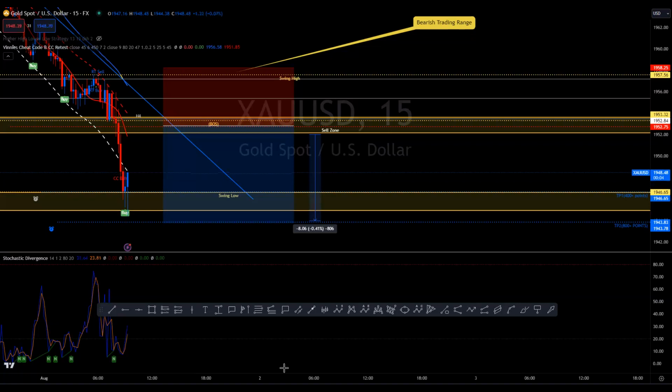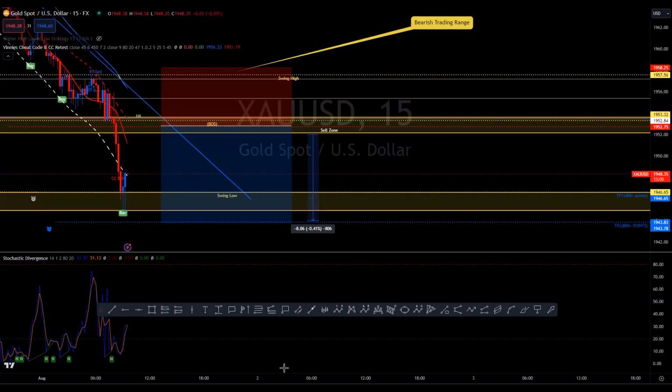Looks like it's going up. 9:30 candle closing. Oh shoot, hope it's not selling. It's buying up. Nice.